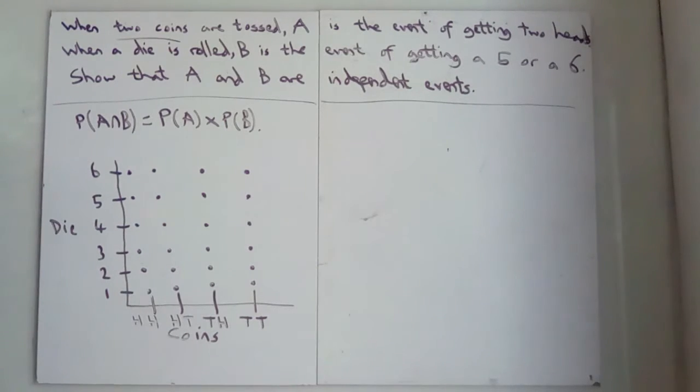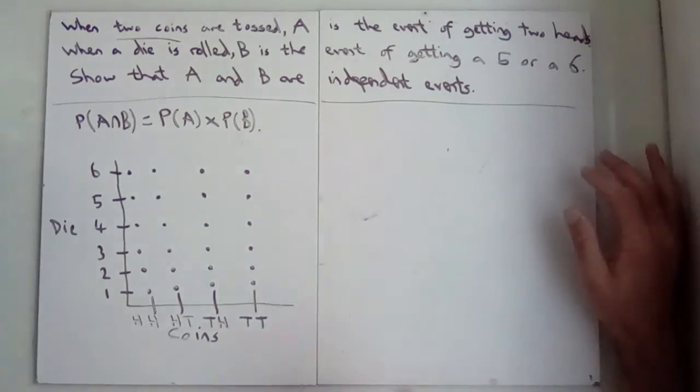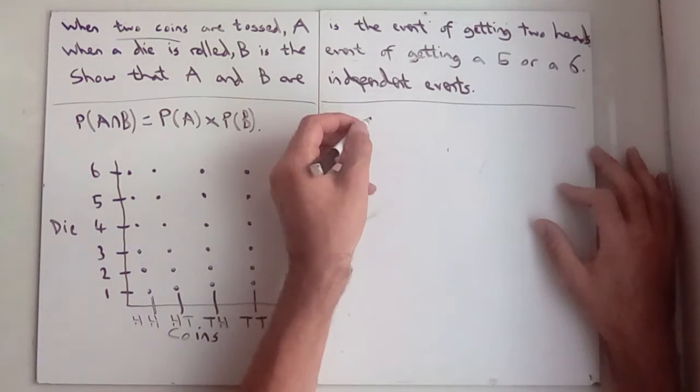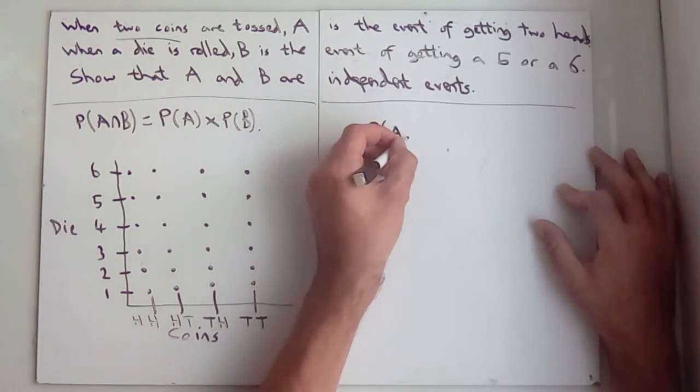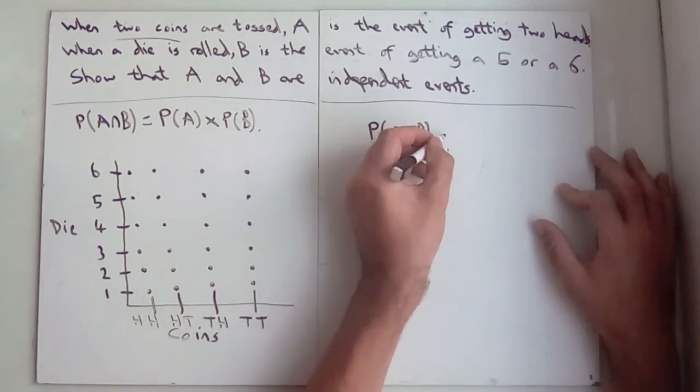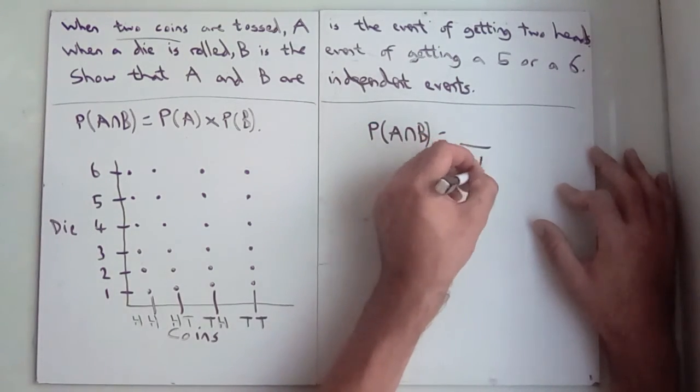So remember the golden probability formula. The probability of something happening is the number of favourable outcomes, the number of outcomes that involve that thing happening, over the total number of outcomes, which we've just said is 24. So if we find P(A and B), which we're interested in, there are 24 possible things that can happen.